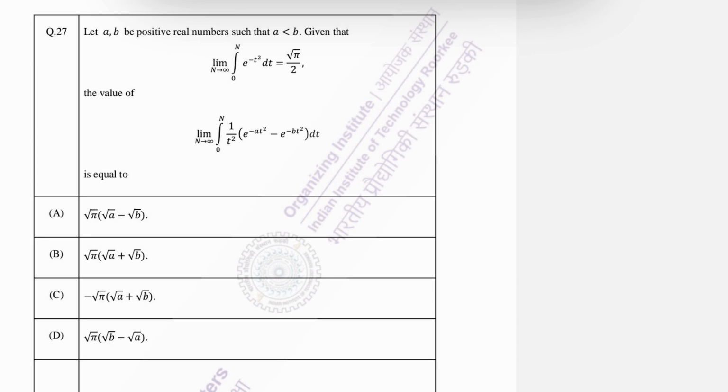Here you see on the screen, A is less than B, so we can assume a case. We can take A tending to B from the left.